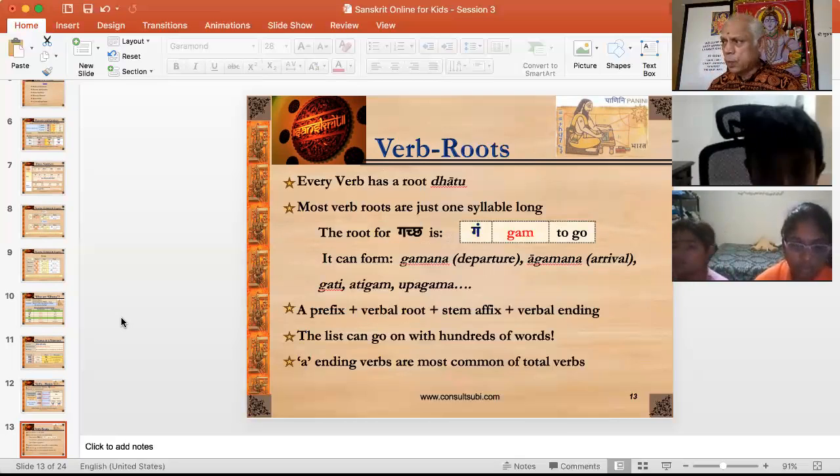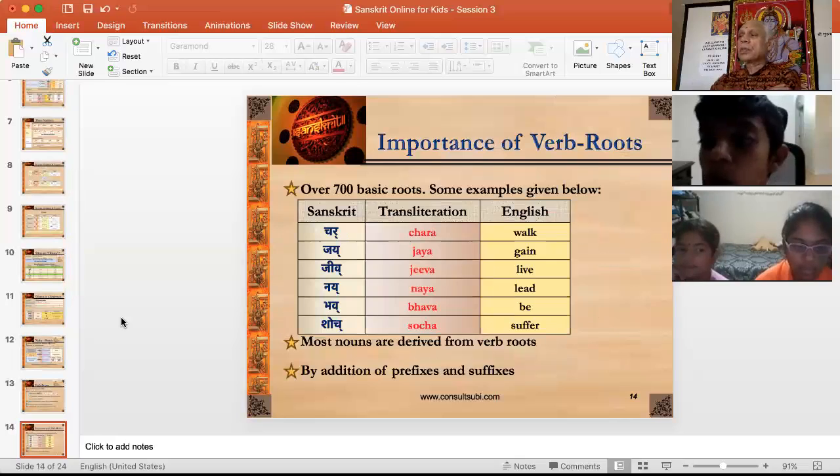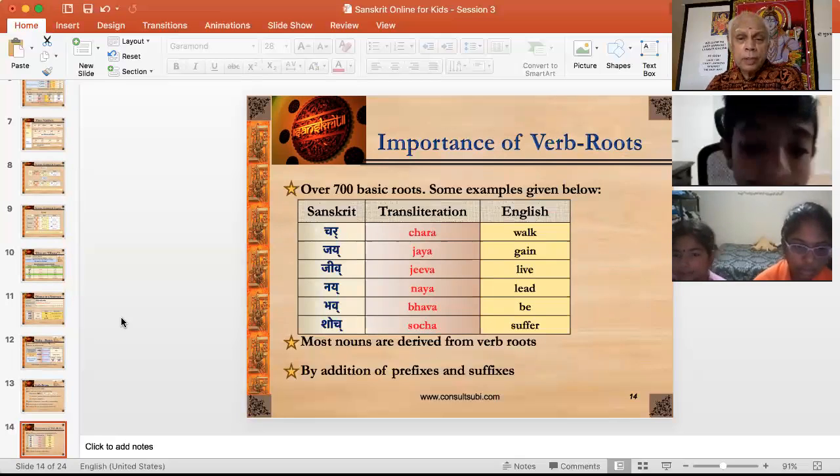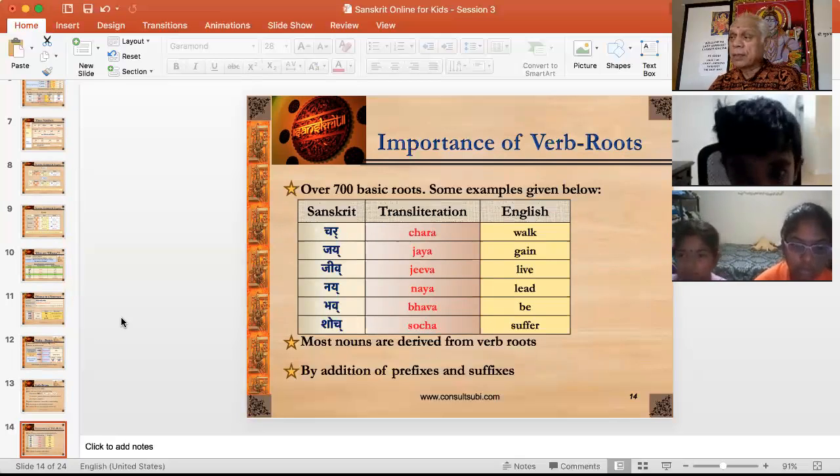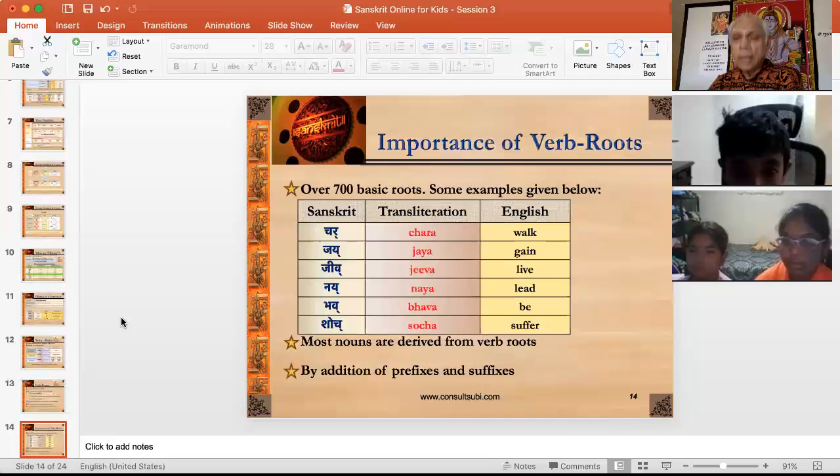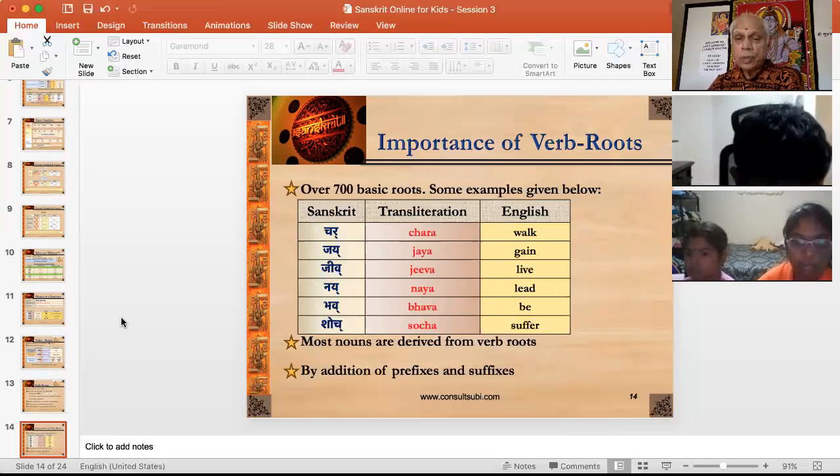Okay, let's see what's the next slide. There are so many basic roots. Some examples I'm giving, like chara is to walk, jaya is to gain, jiva is to live, naya to lead, bhava to be, socha to suffer.